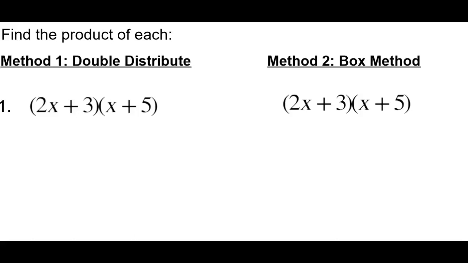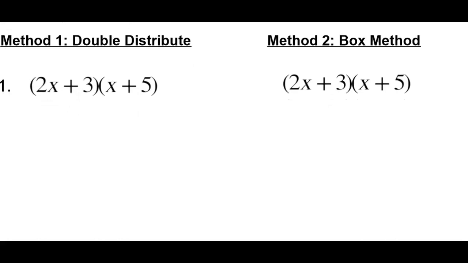You just do one of those ways. So you're going to have 2 methods. One might be easier for one of you, the other one might be easier for another. Decide which one to do, and then always do it that way. Okay? So double distribution, first we're going to do that, goes like this.